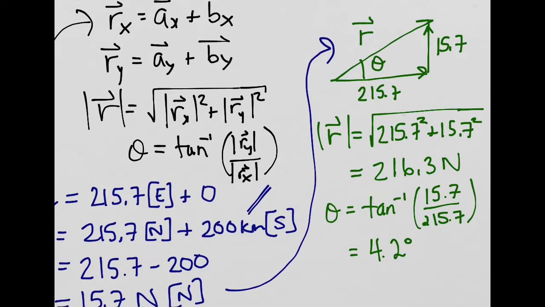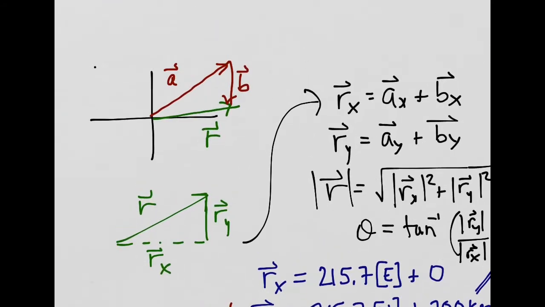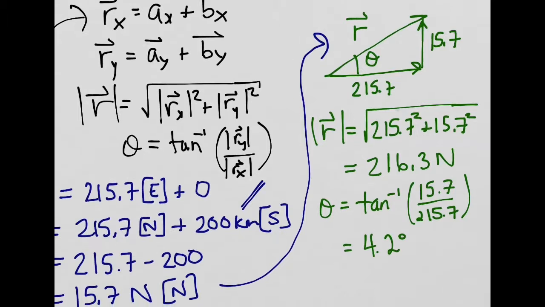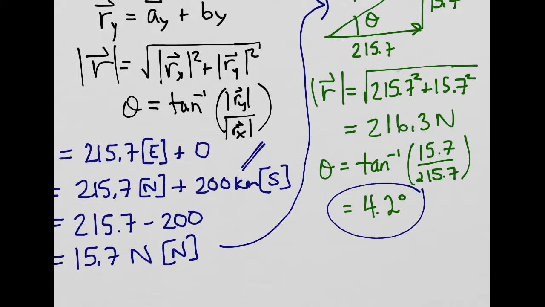Very small. If you look back over here, the angle at which little r is coming off of that east side is really small, so 4.2 degrees makes sense.